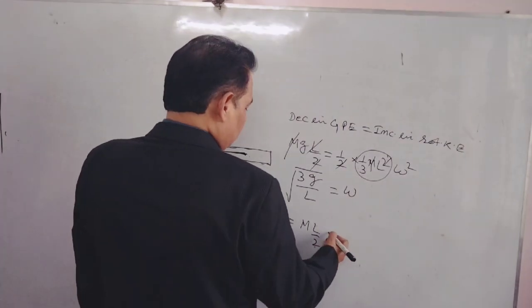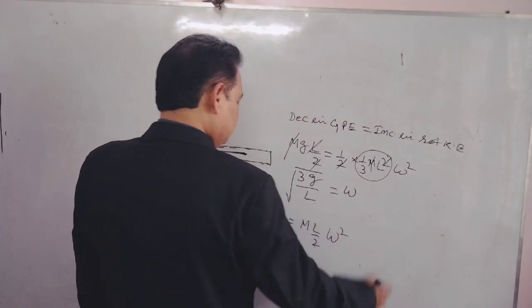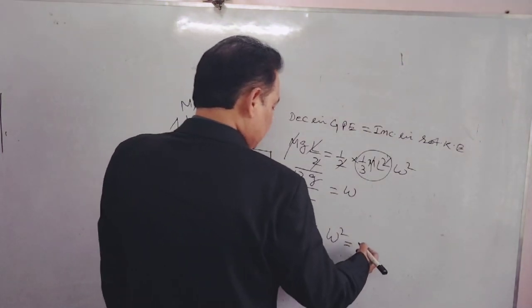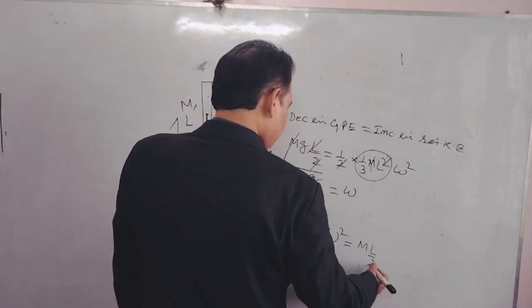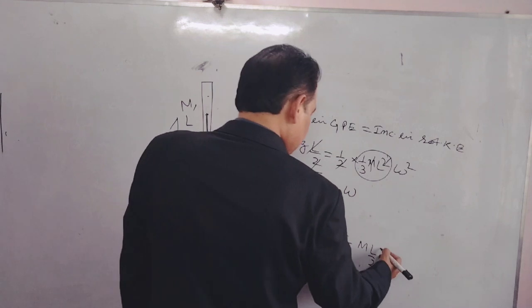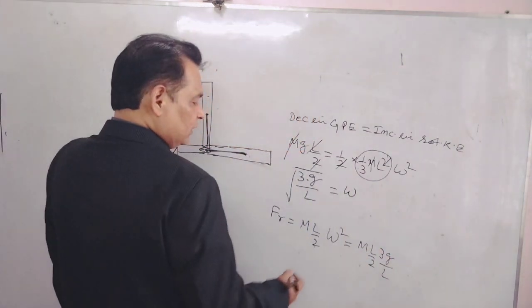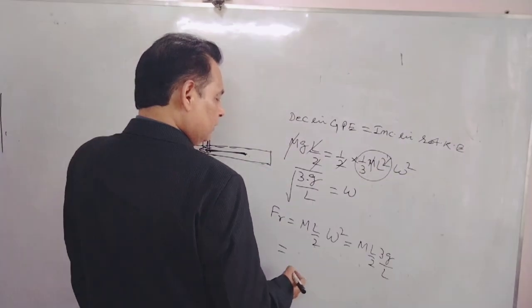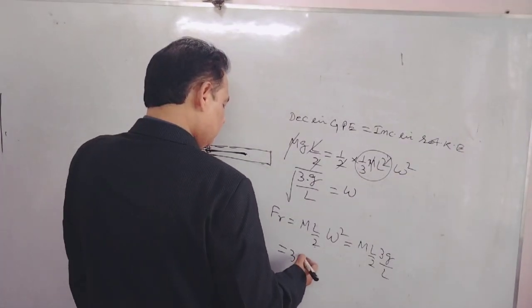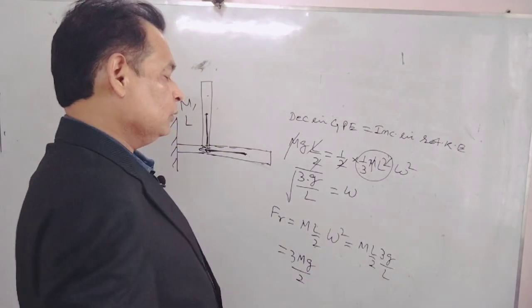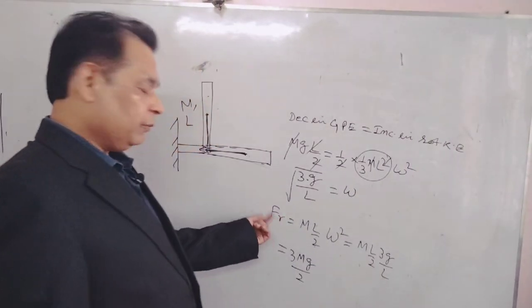So radial force will be M L by 2, and omega square is 3g by L. L is cancelled, and we can write 3 mg by 2. This is the radial force.